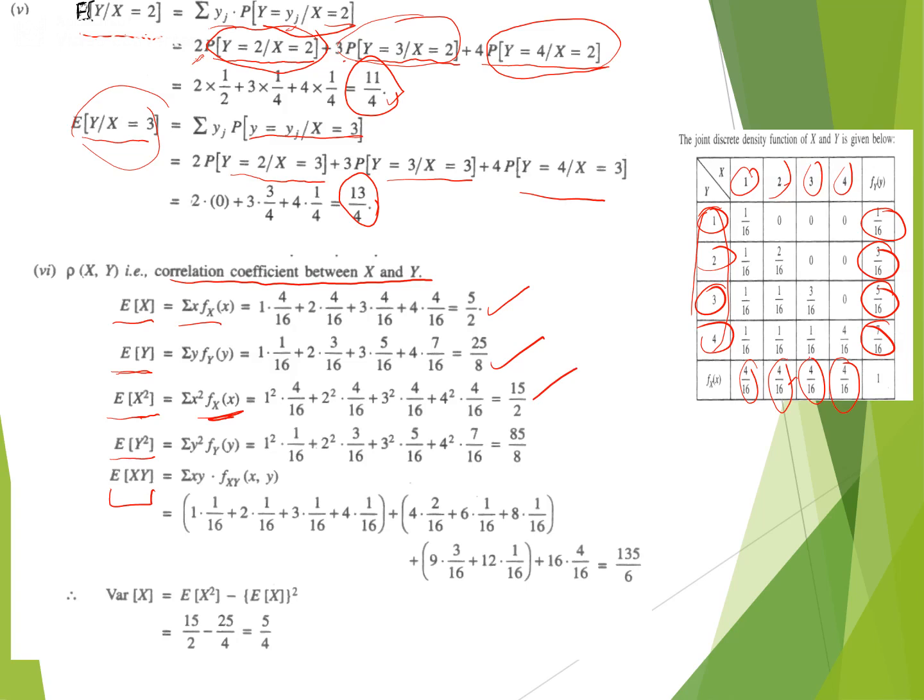Now when we find the expectation of x y, so we take summation x into y, joint function of x y, that is the joint probabilities.